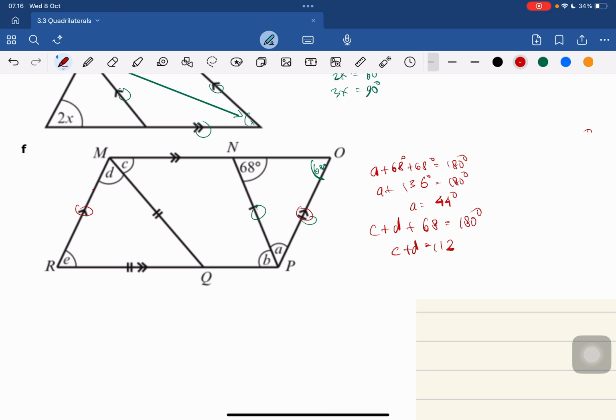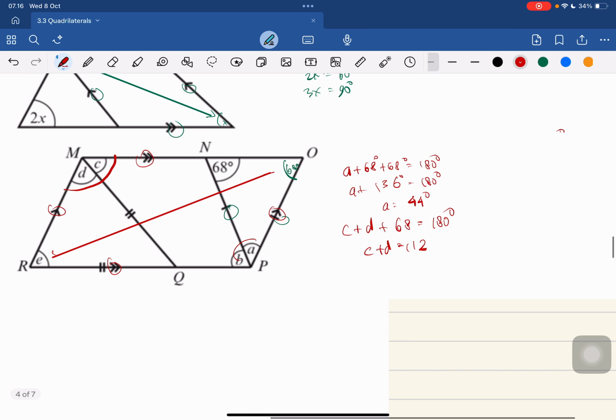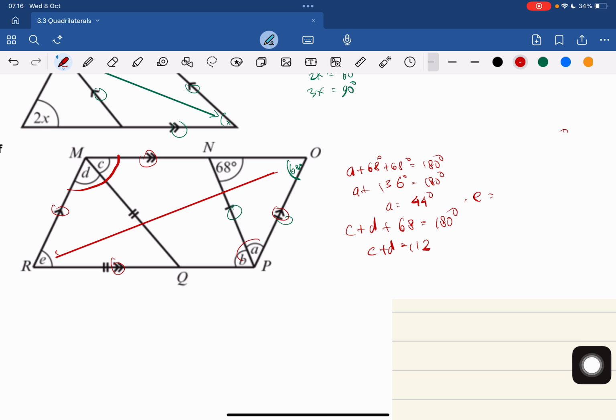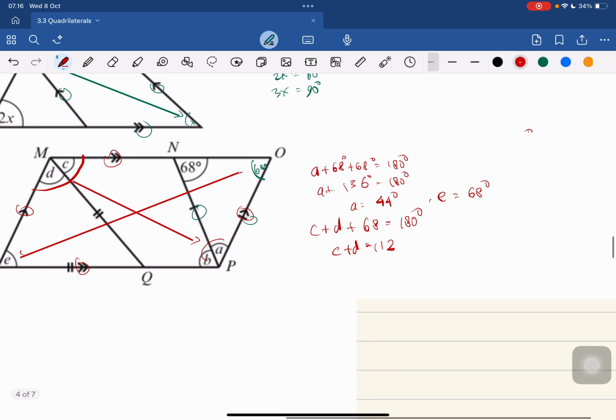As this is a rhombus, look at it, the rhombus, the opposite sides are equal. So we got E here, A, and then E equals 68 degrees. CD is 112. So this is the opposite side to AB.